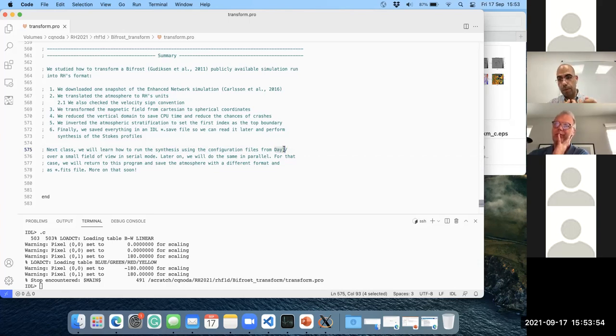We also worked with the Kurucz line list to provide the satellite lines in the Calcium 8542, and worked a bit on improving the atomic parameters in terms of log gf and different coupling schemes for the transition. So with that very complete configuration for the line, we are going to run the synthesis with today's simulation run. I hope everything will work, and then we will see it in the next class.